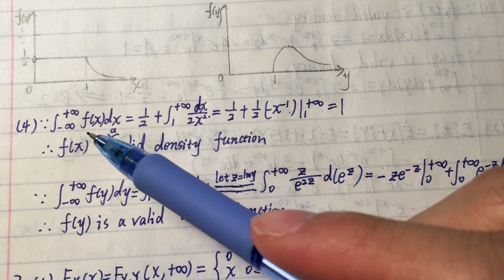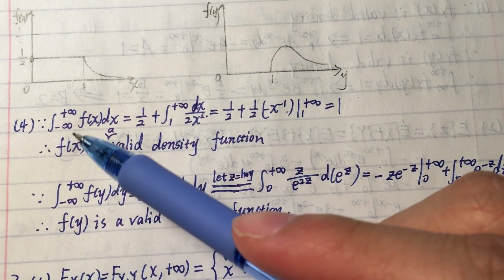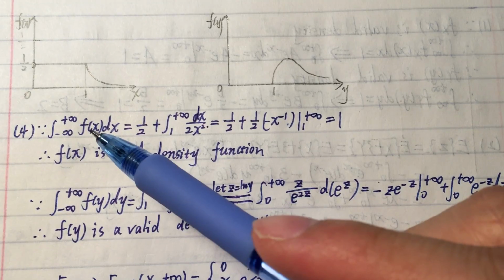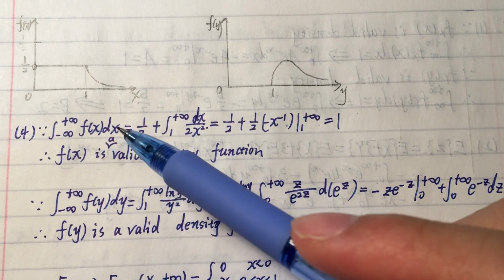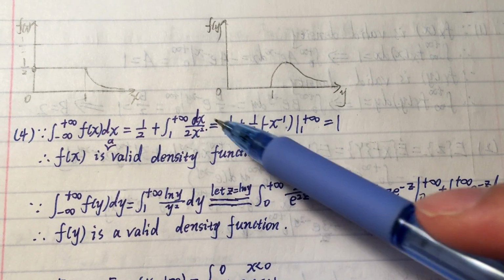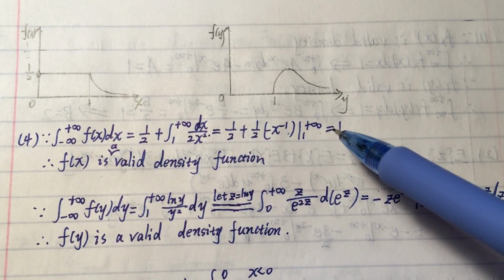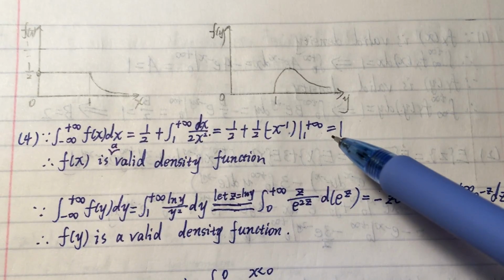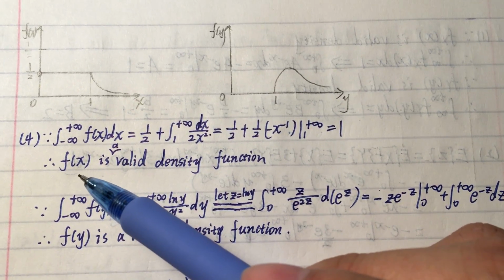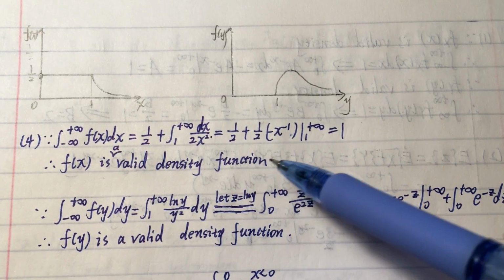Because the integral of the density function of x equals to 1/2 plus the integral of this one, and we can get the final result equals to 1. So we can get that the density function of x is a very density function.